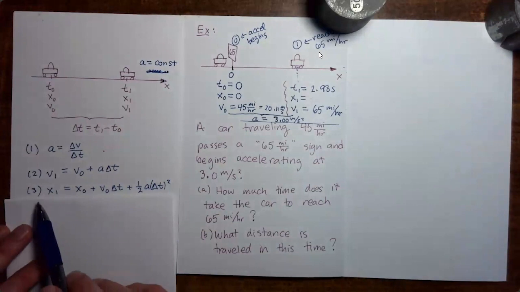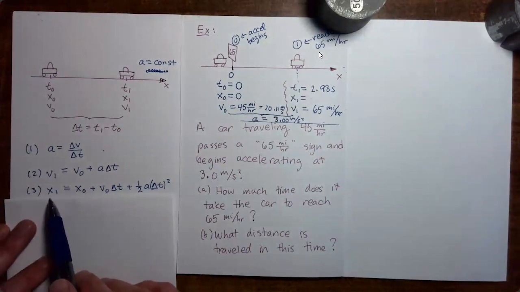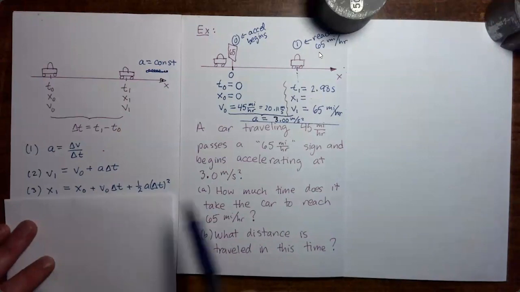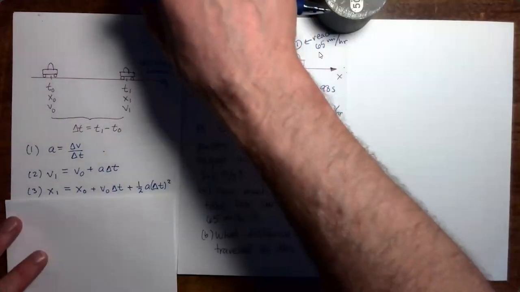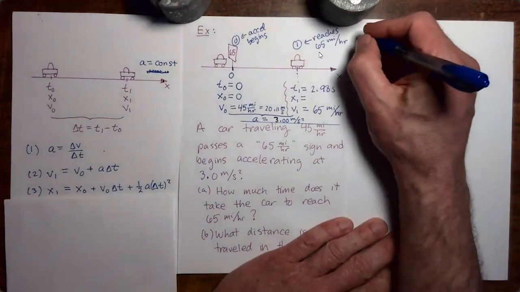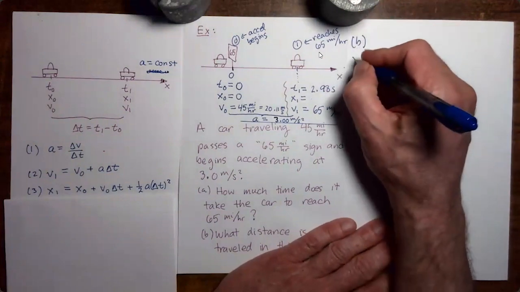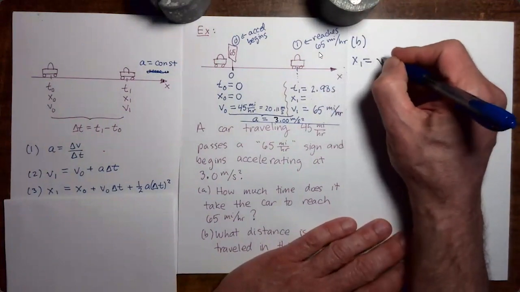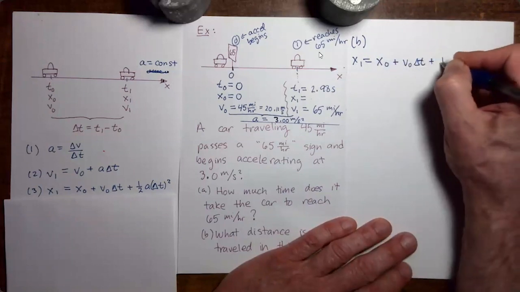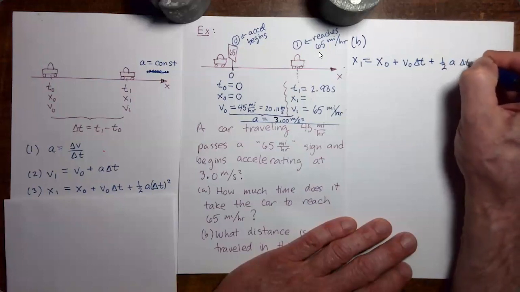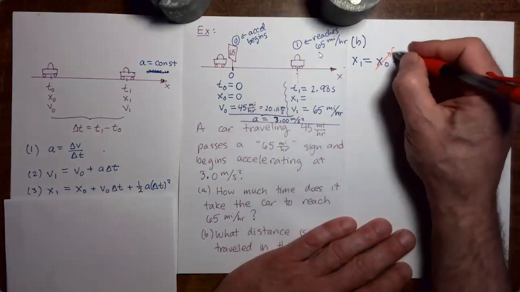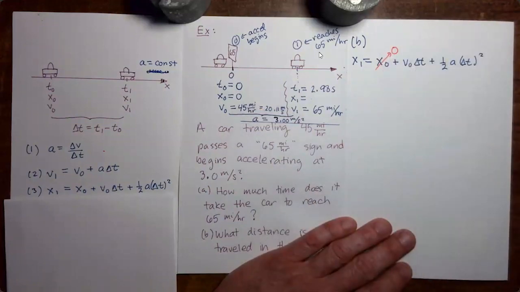You may have noticed that equation 3 as written is already solved for x1. And we also know all of those quantities on the right side of the equation. So we can go ahead and take equation 3 there and just make our substitutions. Now here's our solution for part B. We have x1 equals, I'll just copy it, x0 plus v0 delta t plus 1/2 a delta t squared. Now x0 is 0. Everything else we have to substitute.